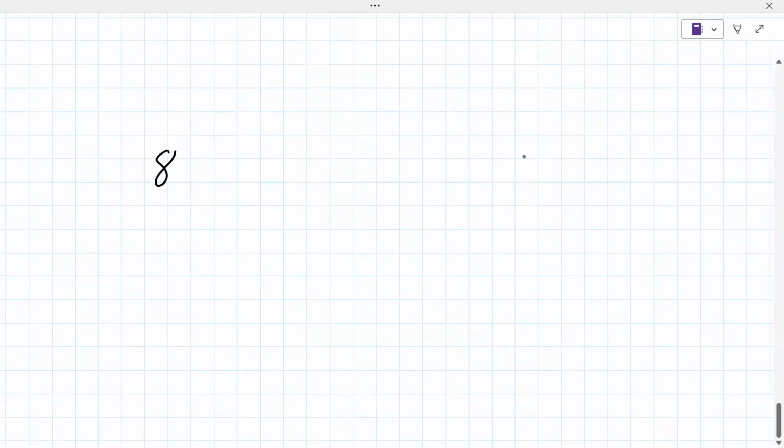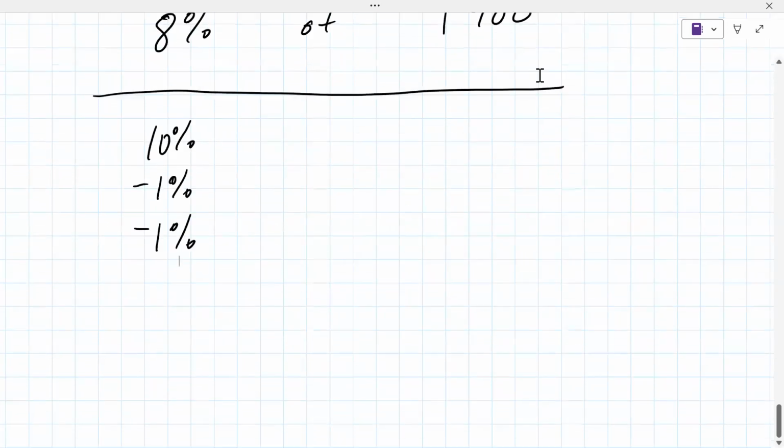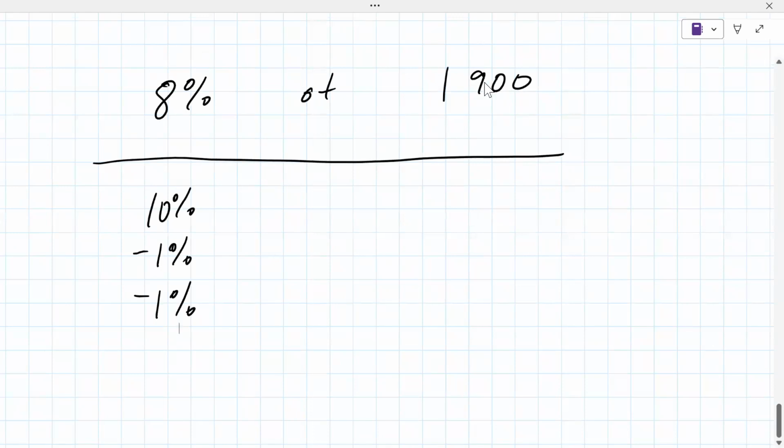Let's say I asked for 8% of 1900. So to me, this is 10% minus 1% minus 1%. And that's how I'd like you to look at this. Find 10% of this number, find 1%.